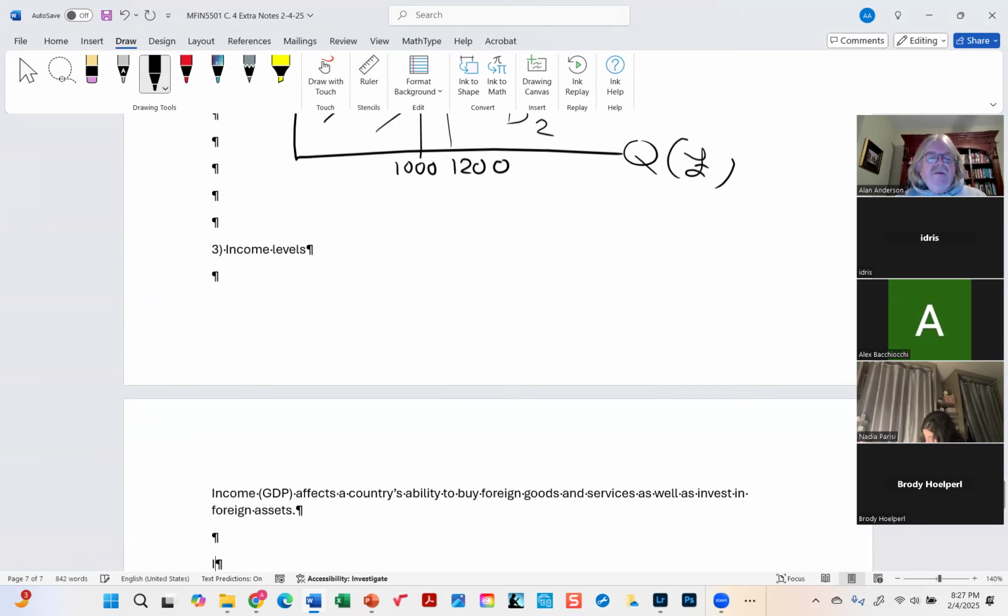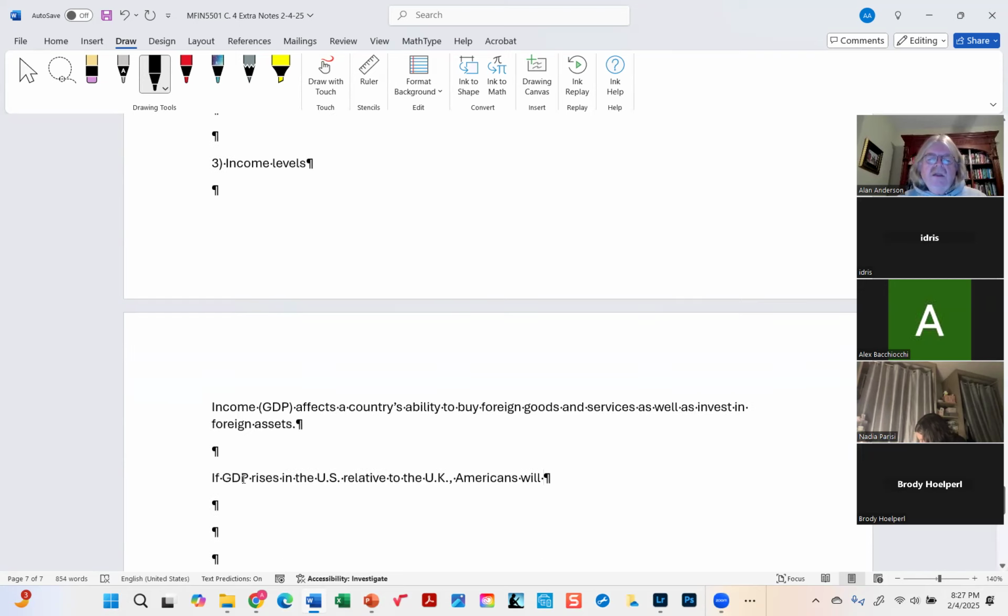So if GDP rises in the US relative to the UK, Americans will invest in both more US and UK financial assets. They will also buy more goods and services in both countries.